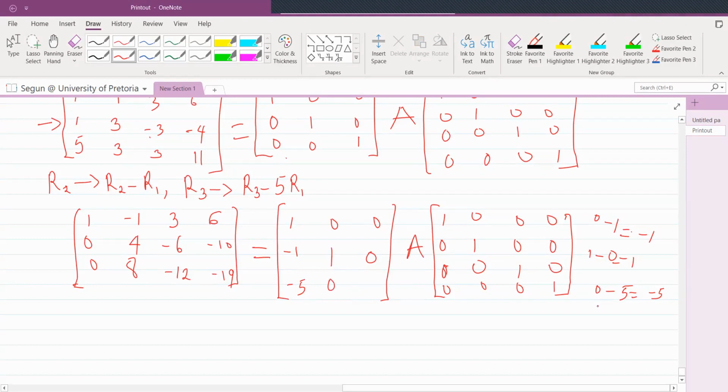Then the last one, 1 minus 5 times 0, 0 equals to 1. Any question? You can see we perform the operation now.